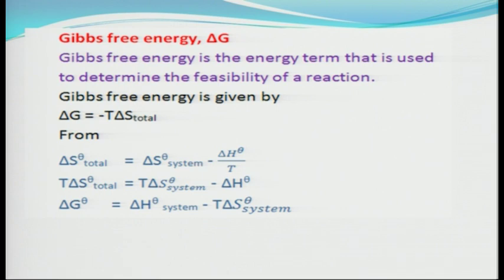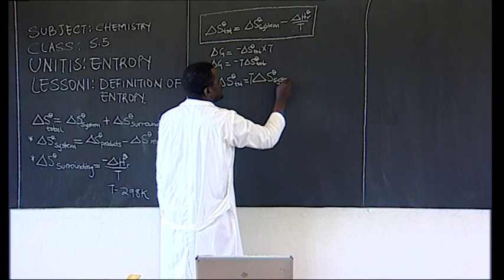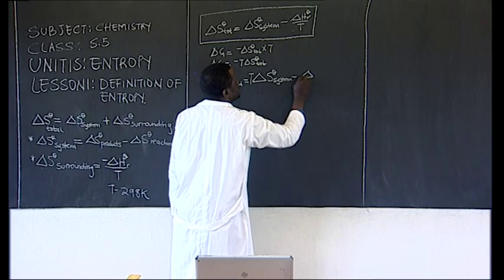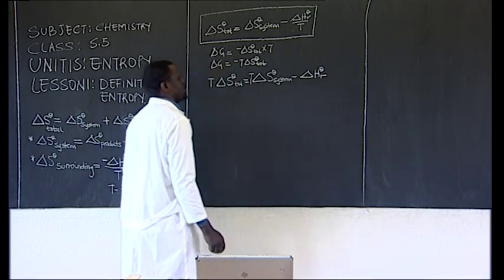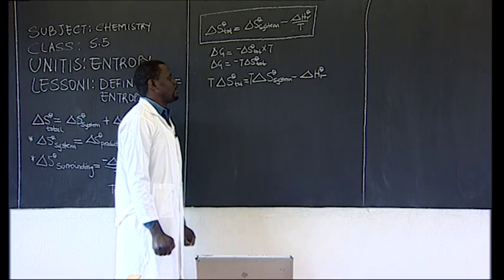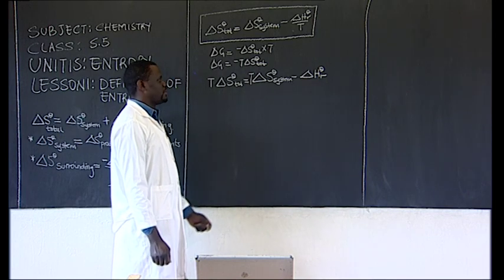I'm going to get this T and multiply it through here, so I'll have T times the entropy total, which is equal to the system minus the surroundings. I hope you are enjoying our lesson, despite the fact that we have changed our disorder into equations.